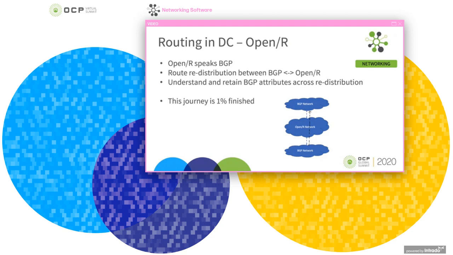To address this, we added a BGP speaker in OpenR that can send and receive the BGP encoded routes with the local BGP daemon. For the redistributed routes, OpenR can understand the attributes and respect the BGP best path calculation, and it can also transform these attributes back when it hands over routes to another BGP network.